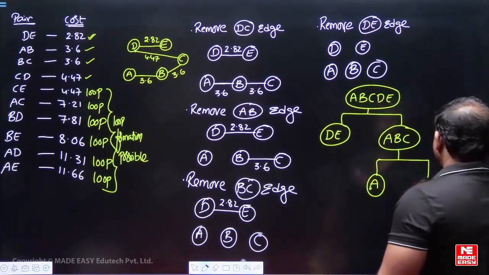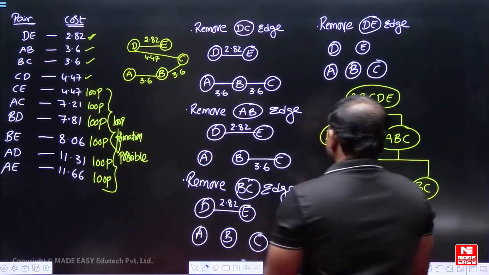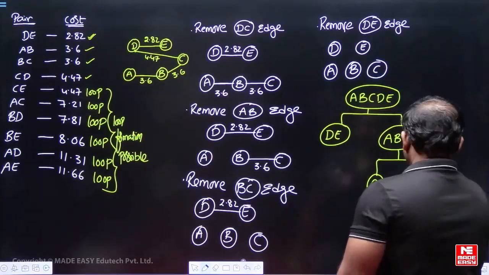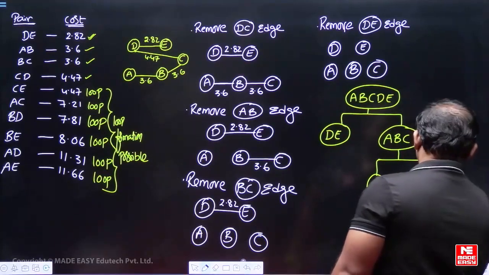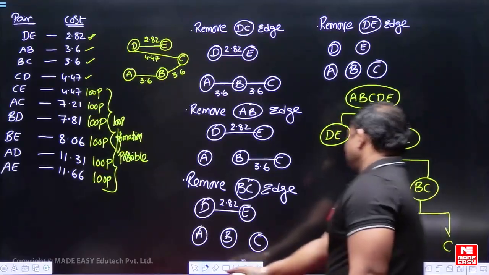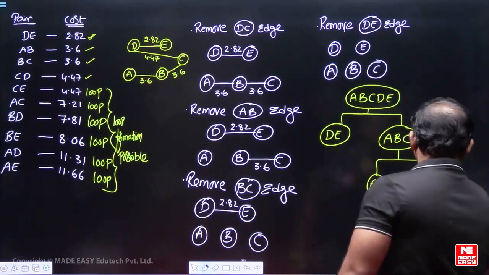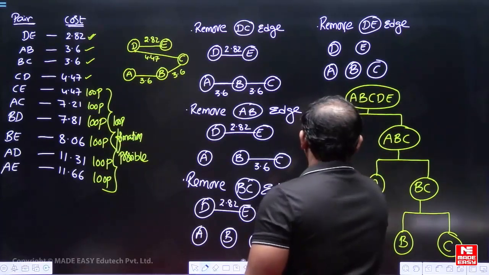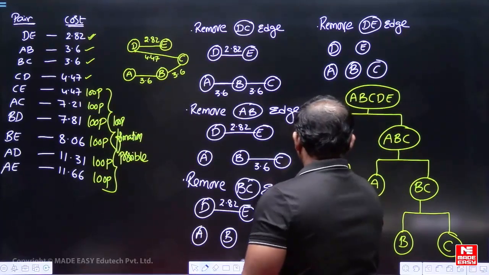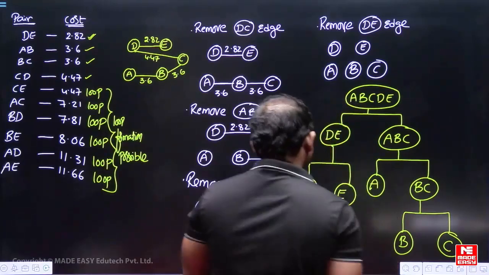So A I taken, therefore BC coming in another, right? After that, this BC, B is coming, next C is coming. All right. Then after that, DE, this is splitting, top to bottom. Is it okay?